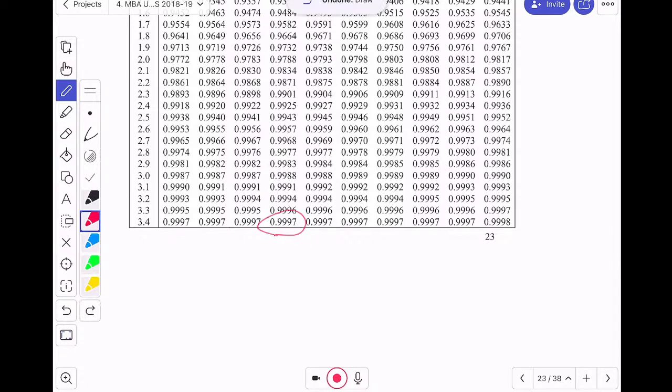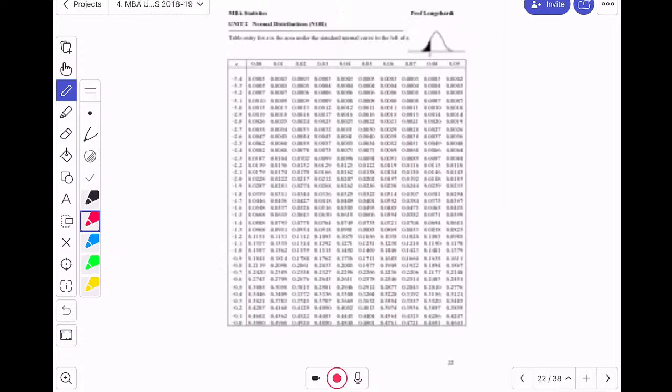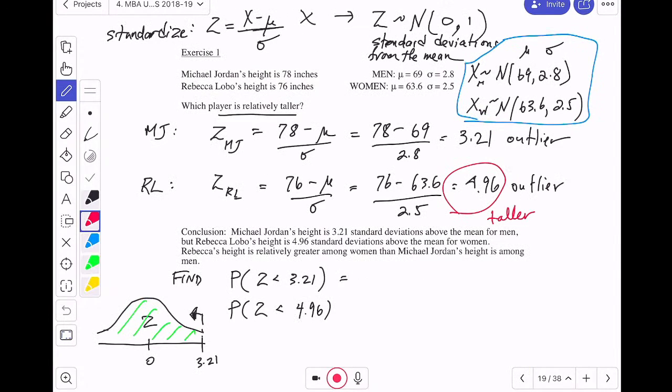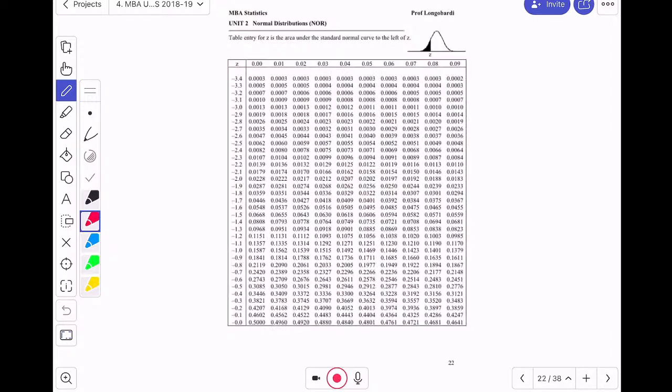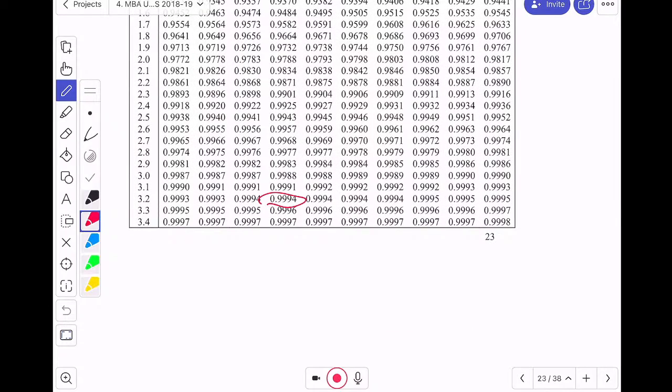Oh, I'm in the wrong place. What am I doing? Wait a second, let me see the number again. 3.21, sorry, I'm off. I am thinking about something else.